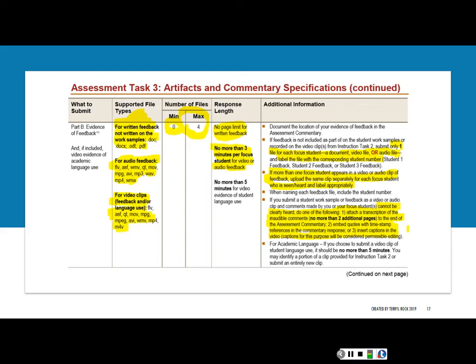What's the maximum? 4. But this is where it gets tricky, because that 4 is not a fourth feedback file, it's actually a file for academic language, which we'll get to later. So don't let that trick you. You can have 3 feedback files or 0. 3 or 0, not 1 or 2.